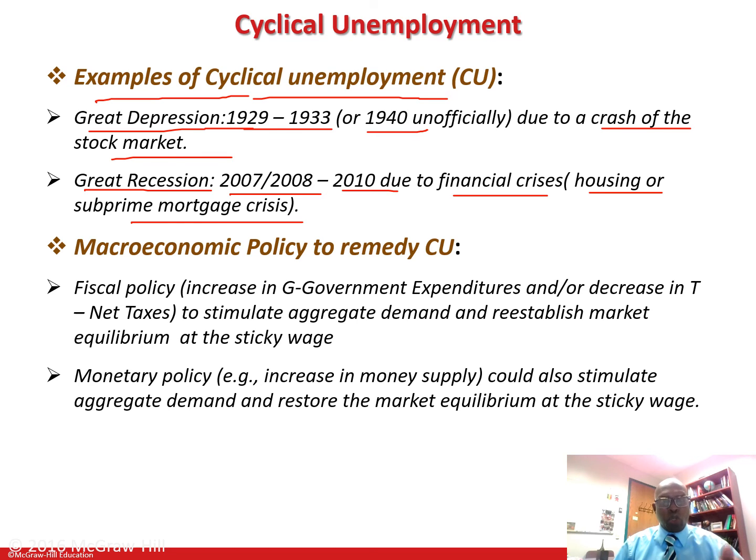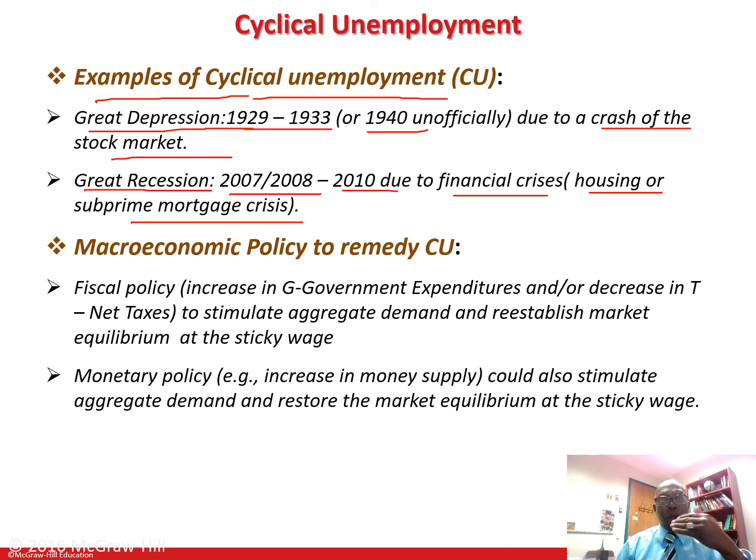So they foreclosed on their houses, and then banks ended up owning a lot of houses, and then they became insolvent, and the government had to help them by bailing them out, so that the banks would not file for bankruptcy. The unemployment rate during the Great Recession increased to 10%.